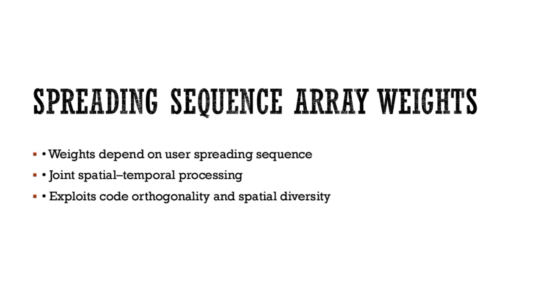First we need to analyze the weight depending on the user spreading sequence, and we need to find the joint spatial temporal processing. The next thing we need to find is the code orthogonality. Finally, you have to exploit your spatial diversity.